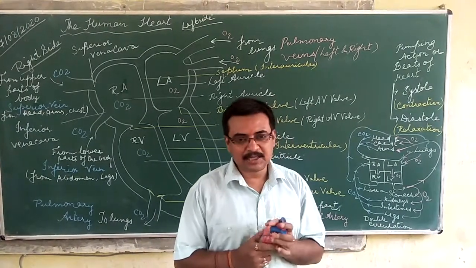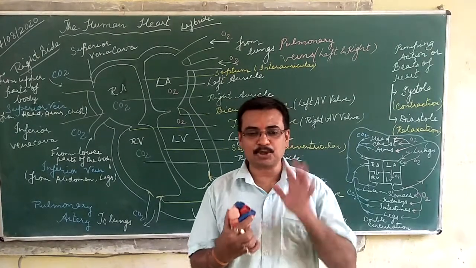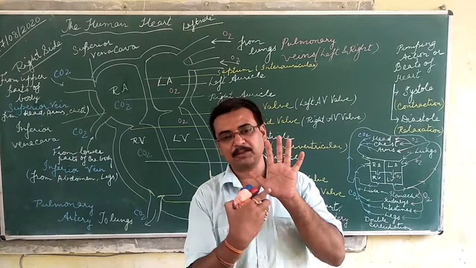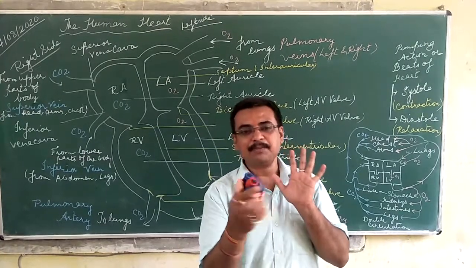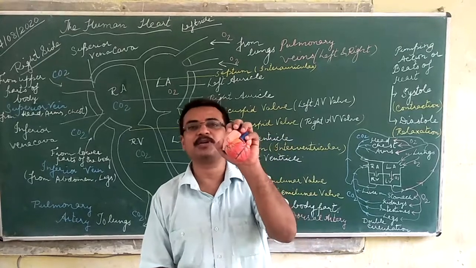The human heart is made up of cardiac muscles. It is almost the size of our palm. I am taking this model along with me and keeping it in my palm so you can understand.